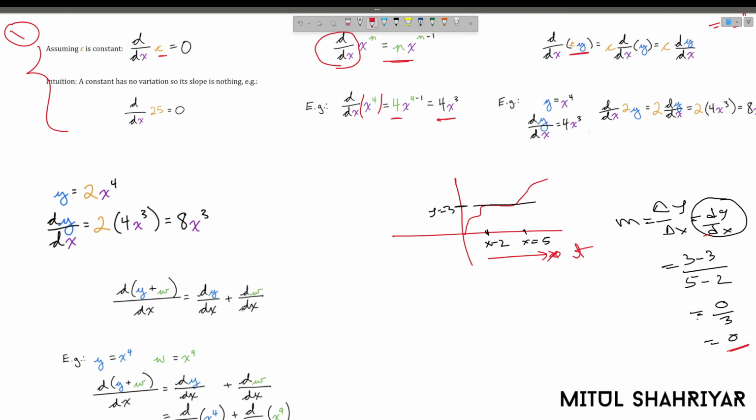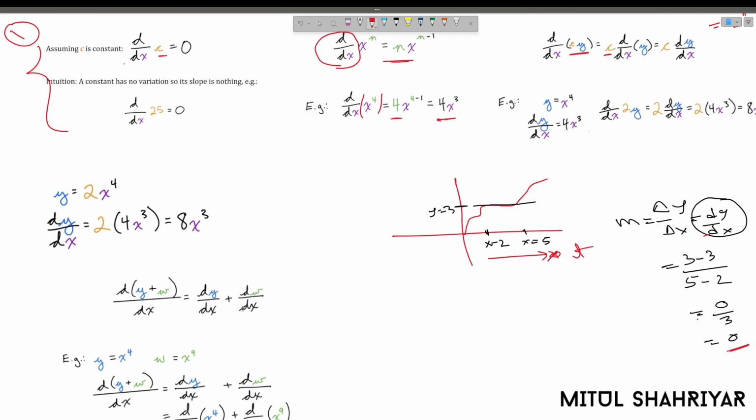Same goes for this. We have another law, which is some constant multiplied by some function. If a constant is multiplied with a function, we take this constant out here. We don't actually use the differentiation on this constant.